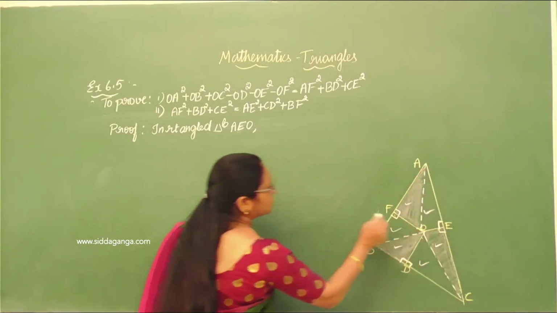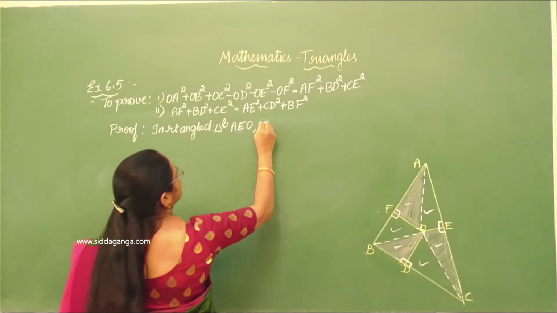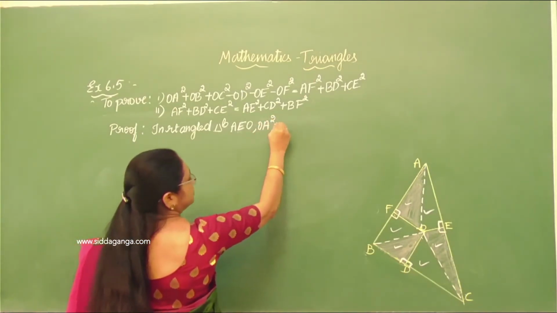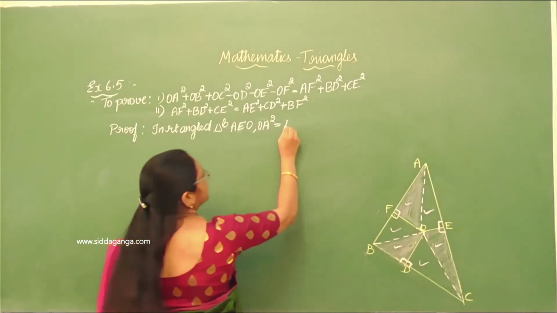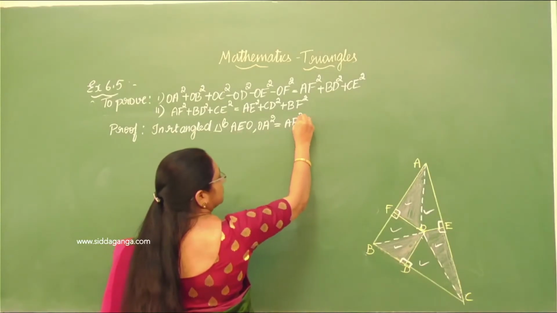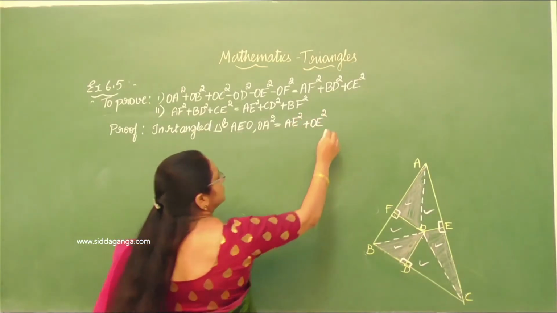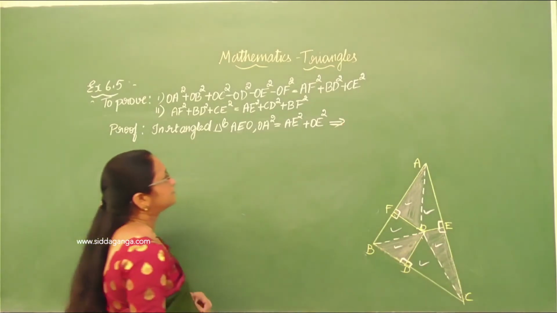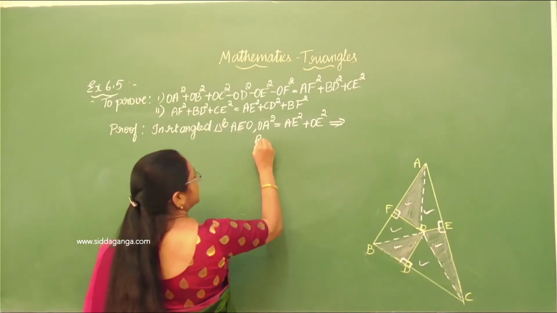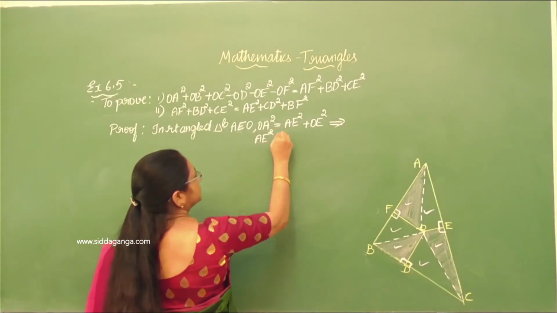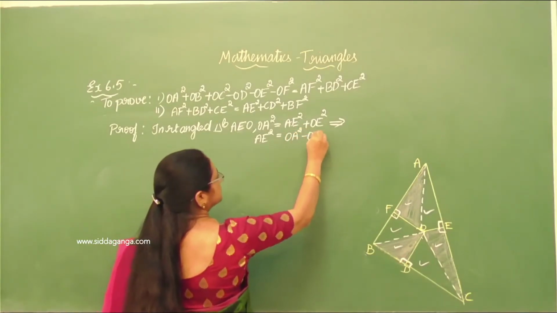So OA square is equal to AE square plus OE square. Now I just write here AE square is equal to OA square minus OE square. Do you agree?